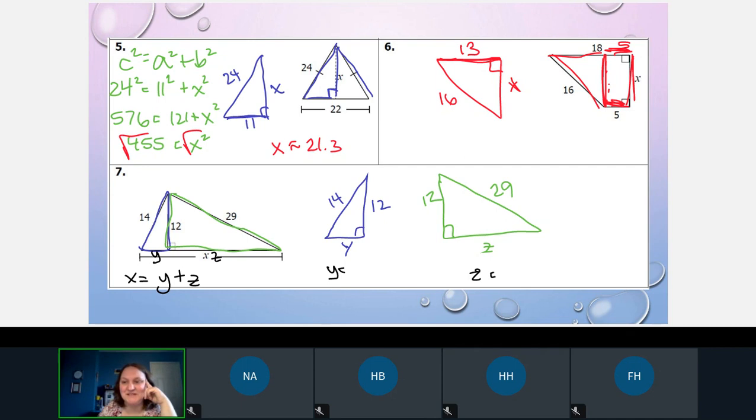The check mark is just to tell me that you are ready to move on. You can round to the nearest tenth. That's fine. The nearest tenth is good.